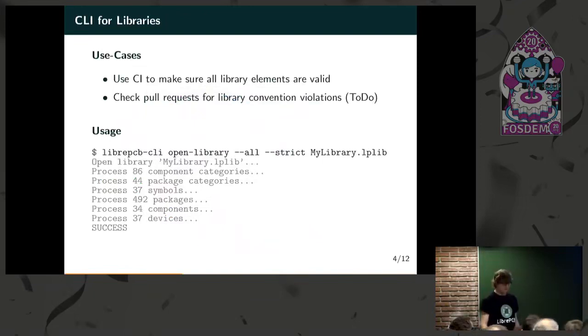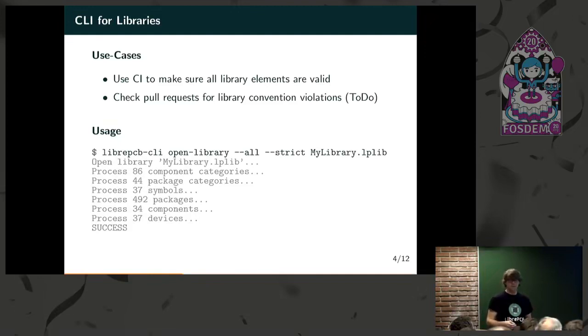Another thing is the LibrePCB CLI. Actually, for most users, not that important, but I asked myself, in software development, today we use continuous integration, static code analysis, pull requests for code reviews, and so on.